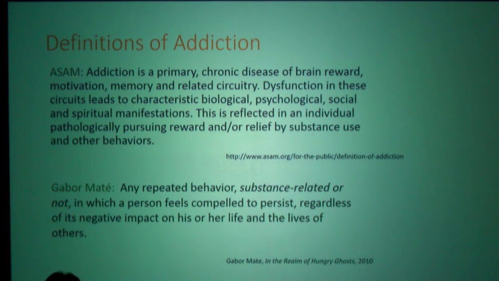It's a primary chronic disease of the brain, working on systems of reward, motivation, memory, and other circuitry. Dysfunctions in these circuits lead to a lot of other biological, but also psychological, social, and spiritual manifestations. And that's an individual who's pathologically pursuing reward and relief by using substances or by other behaviors.